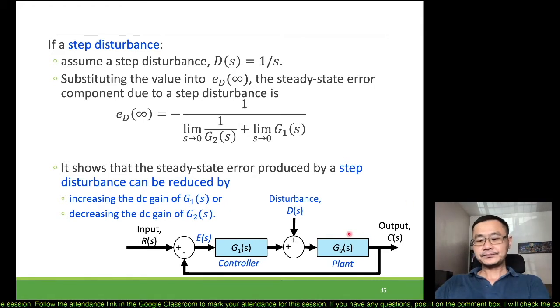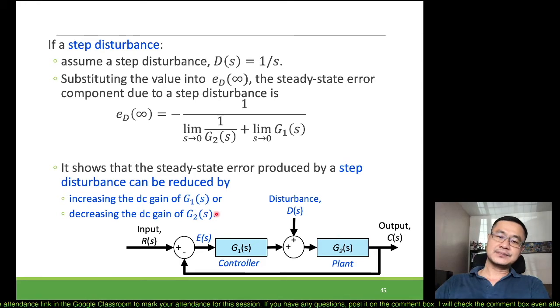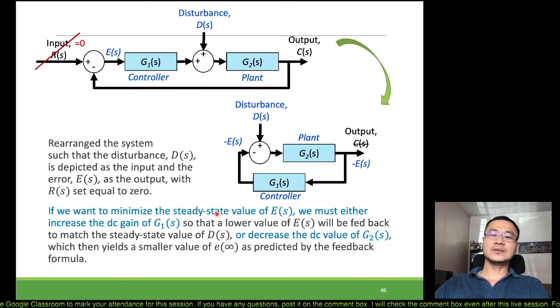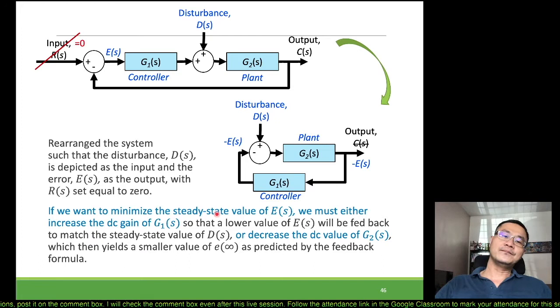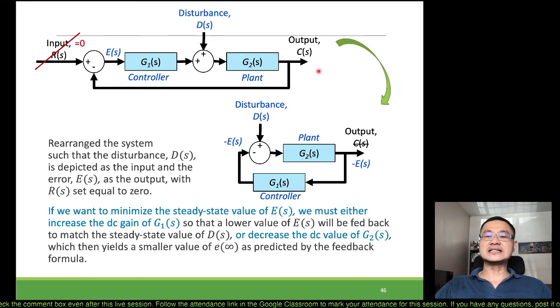So how is this possible? We can again analyze it through the separation of the disturbance from the input. Assuming the input is 0, we only consider the disturbance itself.